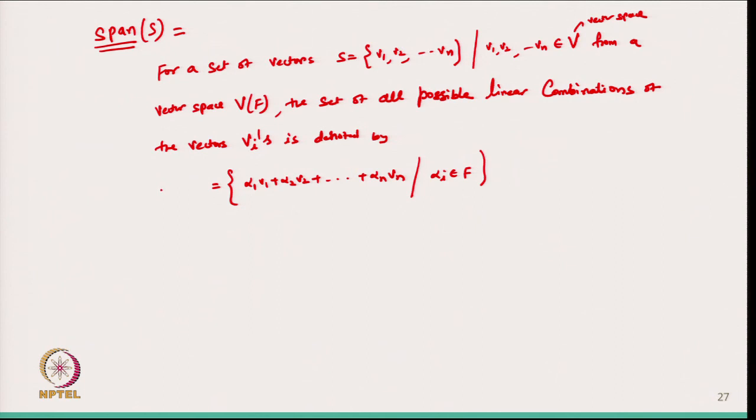These combinations are called the span of S, and this is represented by S in square brackets.